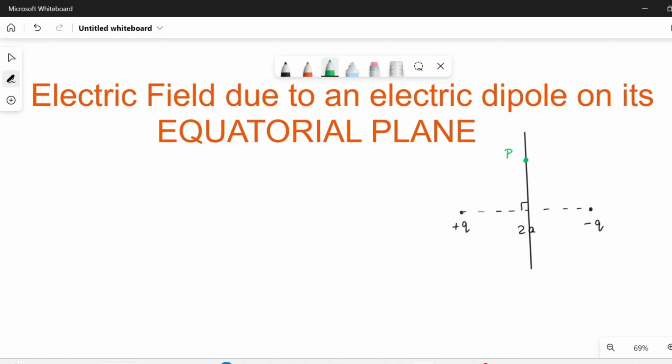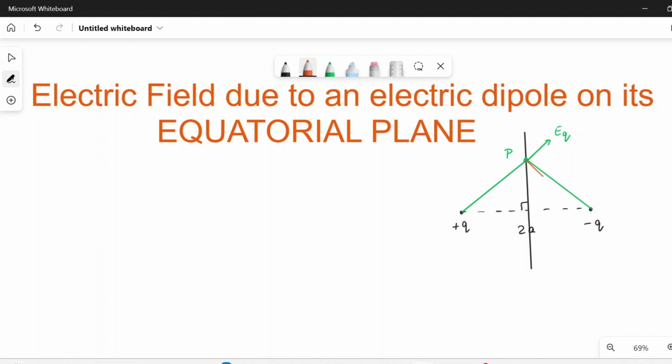So let's first find electric field due to the positive charge at point P. The electric field at point P due to the positive charge will be along the line joining the two, and it will be denoted as E plus Q. The electric field due to the negative charge at point P will also be along the line joining the point and the charge, and it will be pointing towards minus q.